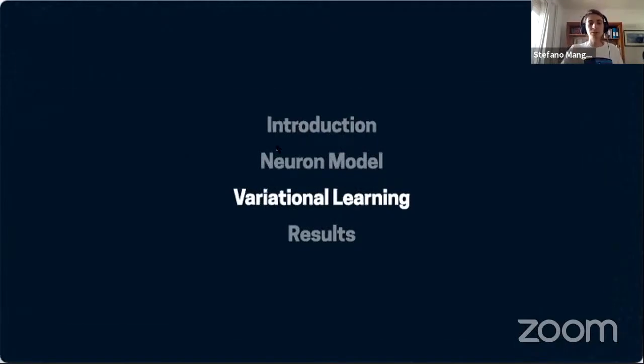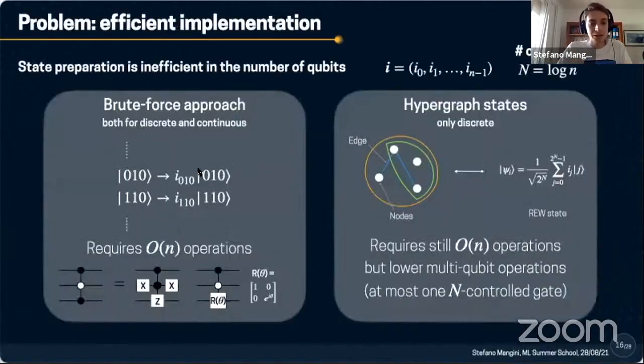What we saw up to now is that the circuit to implement the quantum neuron, the whole circuit as a whole, is actually inefficient in the number of qubits. For example, we can use two approaches to perform the computation. One is the brute force approach, which works for both the discrete and the continuous neuron. In this case you have a big superposition state of all the states in the computational basis.